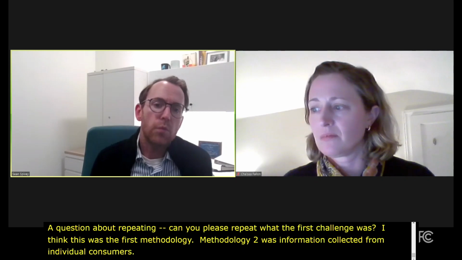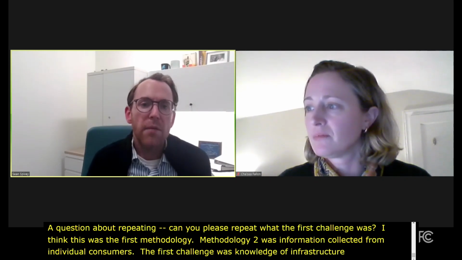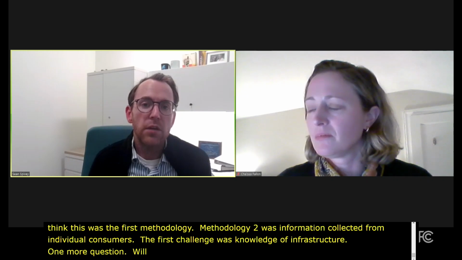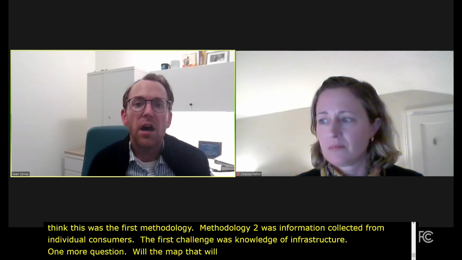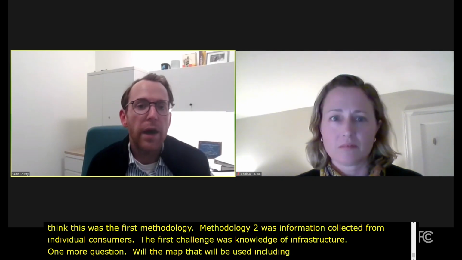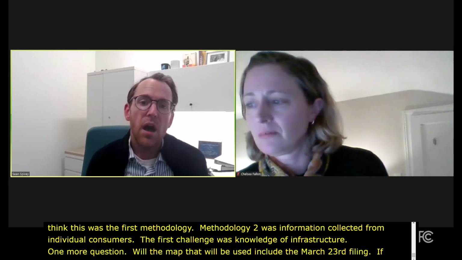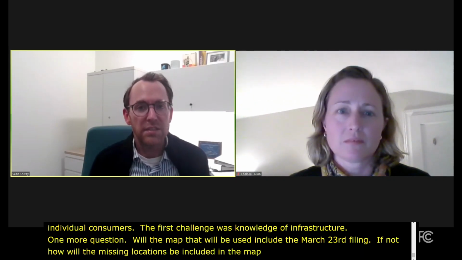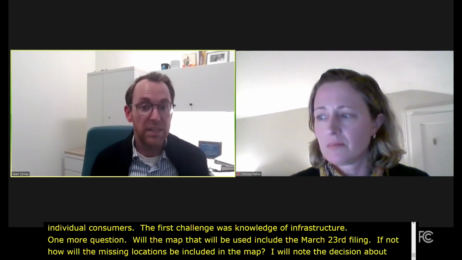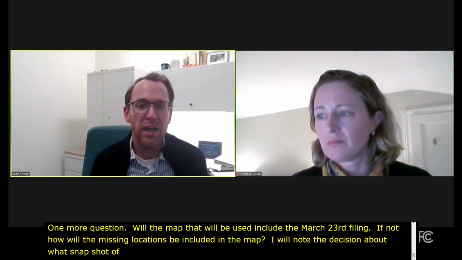Let's see. And then one more question before I turn it over to Chelsea and Kirk. Will the map that will be used for BEAD include the March 1st, 2023 BDC filing? If not, how are all of the missing locations that are being challenged going to be included in the map? I would just note that the decision about what kind of snapshot of the map is used for BEAD is a question for NTIA.